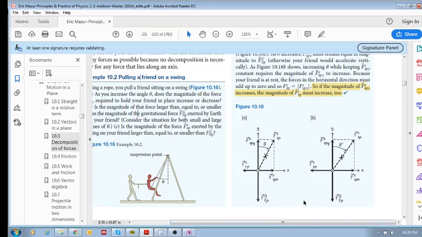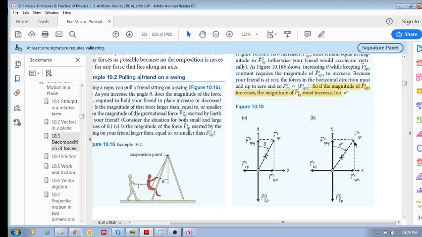Now, the thing is, as you increase this angle, the only way that this vertical component can remain the same in both cases is if the force in this cable increases.